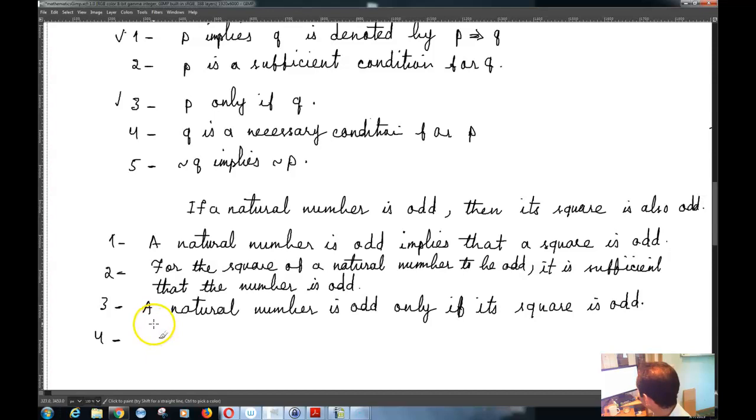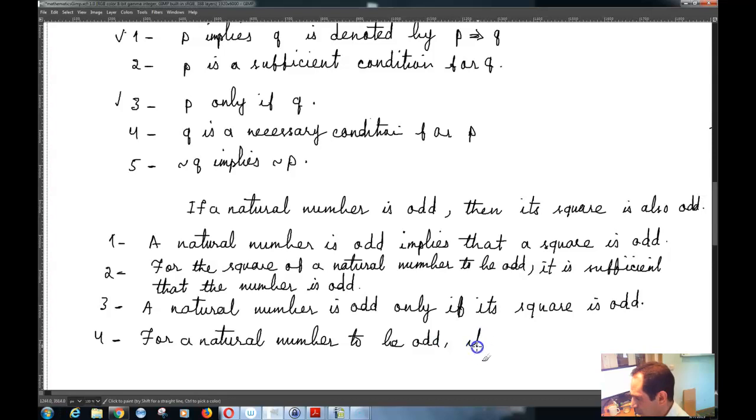So you can write, for a natural number to be odd, it is necessary that its square is odd.